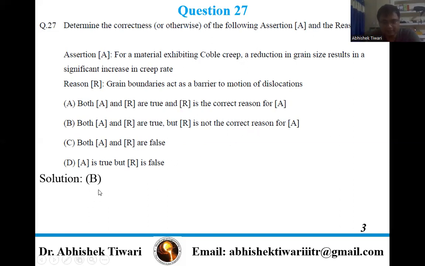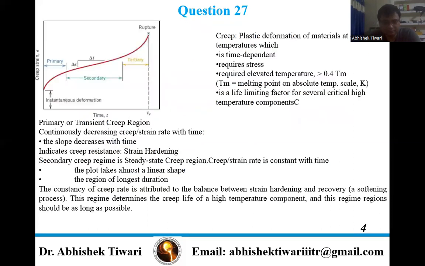I will explain with theory how we arrive at this conclusion. So first, we need to understand the theory behind this question. First, I will explain what is creep.